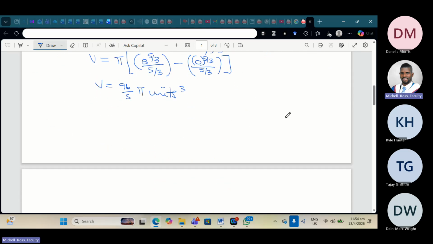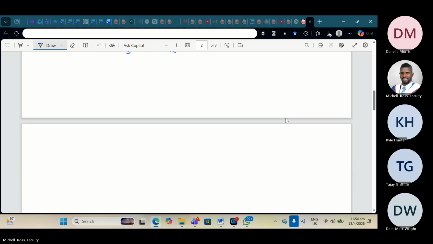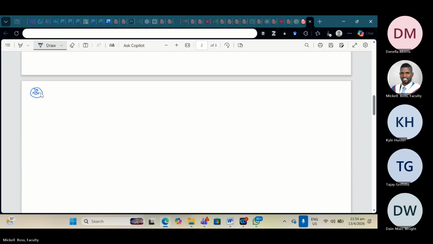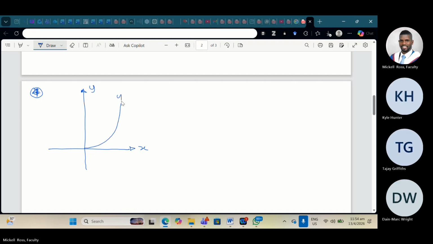So the next one is y is equal to x squared, and it is rotated about the y-axis.